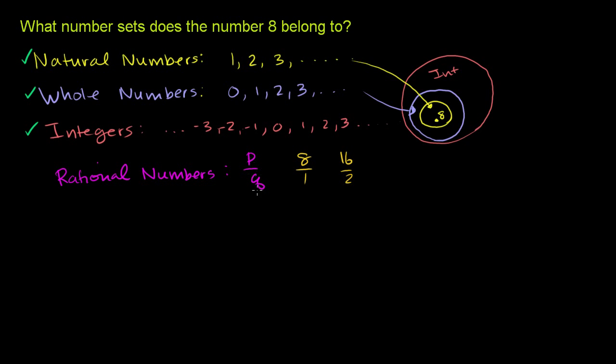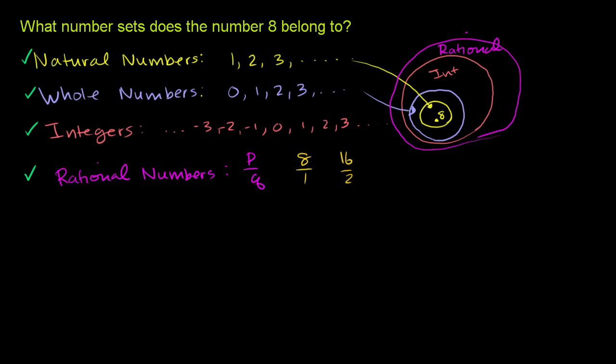You can express it as a bunch of p's over q's, where both the p and the q are integers. So it's definitely a rational number. And in fact, all of these things over here are rational numbers. So this is all a subset of rational numbers. So 8 is definitely a member of that as well.